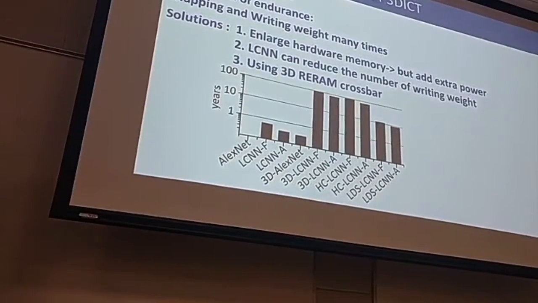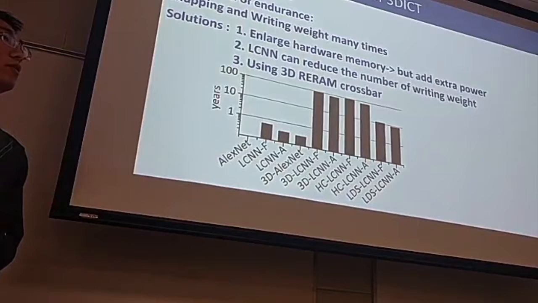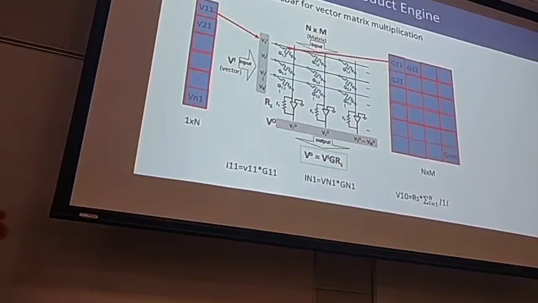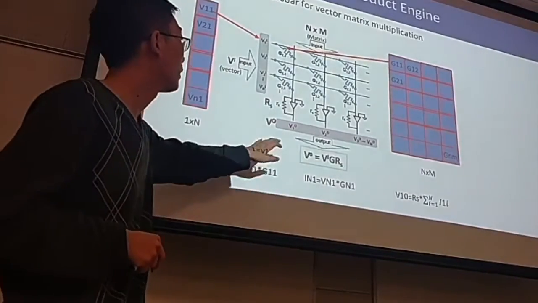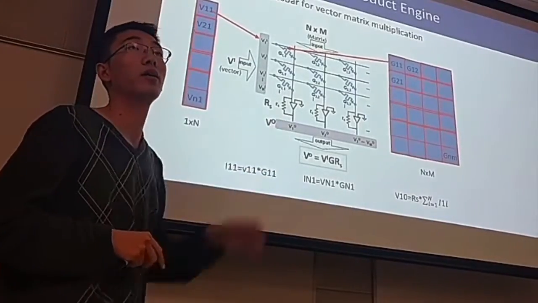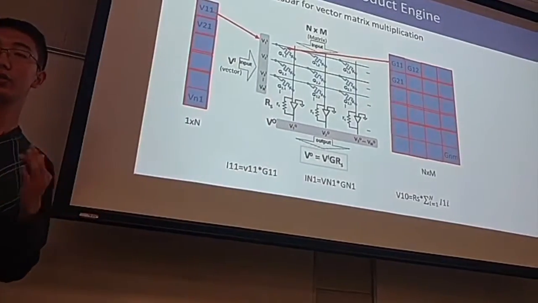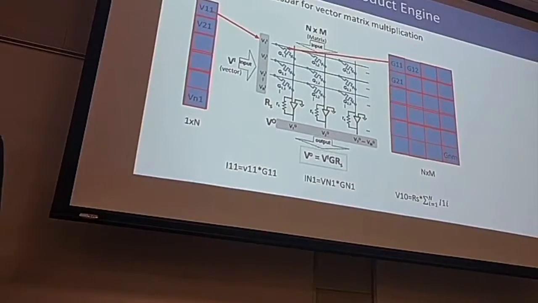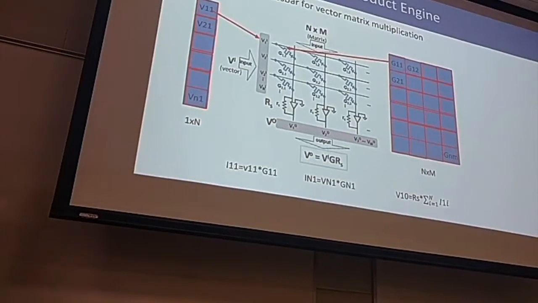There are some solutions to solve this problem. For example, you can enlarge the hardware memory. I mean, you can add another array. If you use 2 times the arrays, then you can improve the endurance of the memory 2 times.